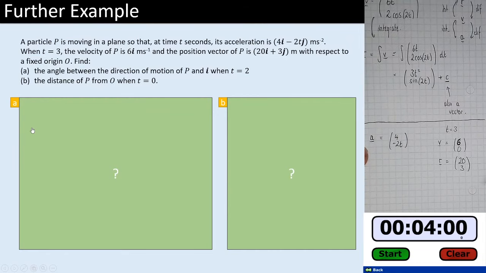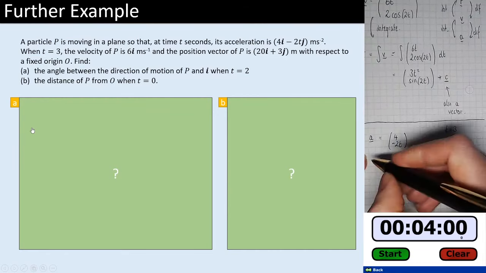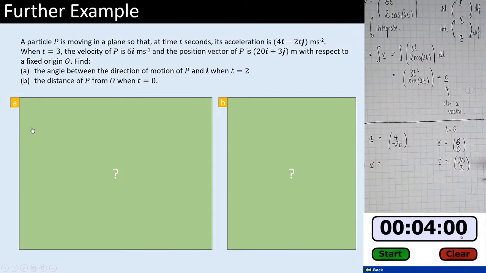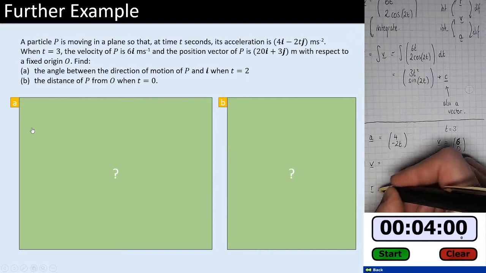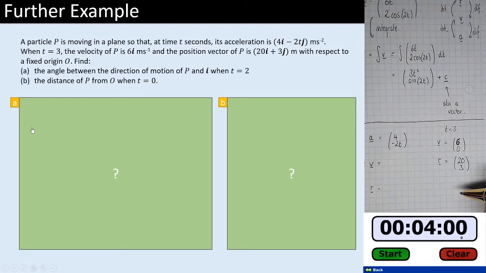So what we're looking to find is a velocity vector. Remember your constants of integration. A position vector after that. Again, remembering your constant of integration. And then seeing how we can answer those problems.